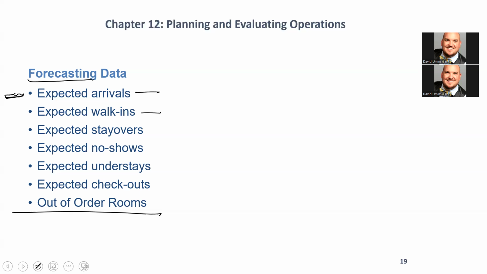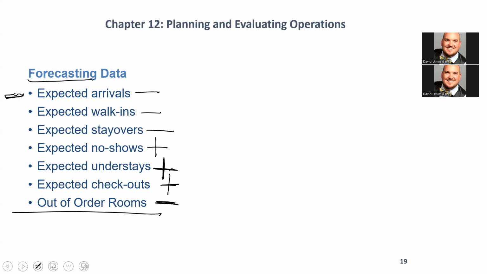Stayovers, it takes out. If somebody doesn't show up, they have a no-show, what does that do? Puts that room back into our inventory, right? We can sell it. Understays is somebody who checks out before their expected checkout date. So what does that do? It adds. Our checkouts, people who are leaving the hotel, we're going to add them back in. And then out of order rooms, we subtract.